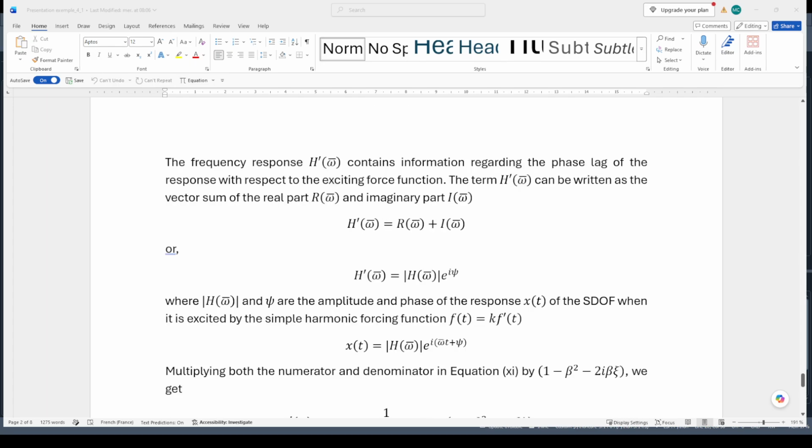So the frequency response H omega 1 omega contains information regarding the phase lag of the response with respect to the exciting force function.